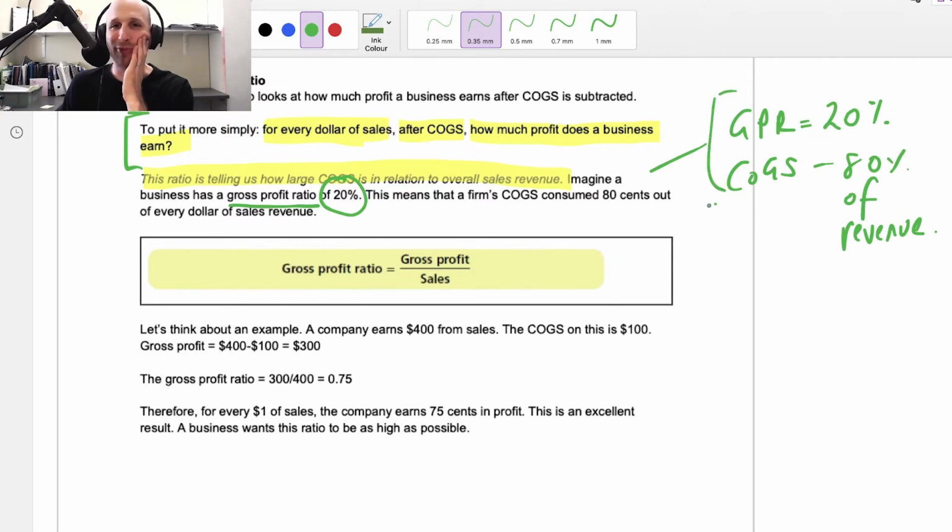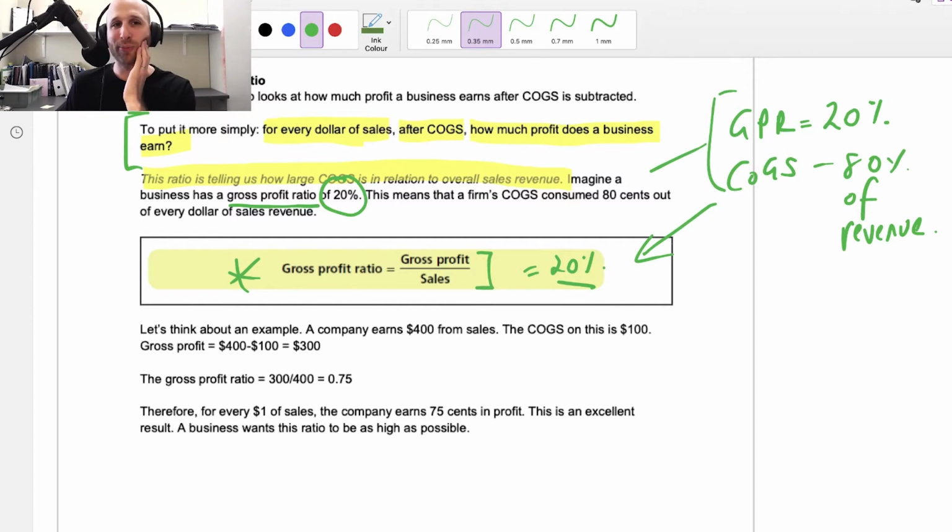Because the gross profit ratio equals gross profit divided by sales. So if the gross profit ratio is 20%, after this calculation, the profit left over is 20%, which means that 80% has been taken by the cost of selling this stuff.